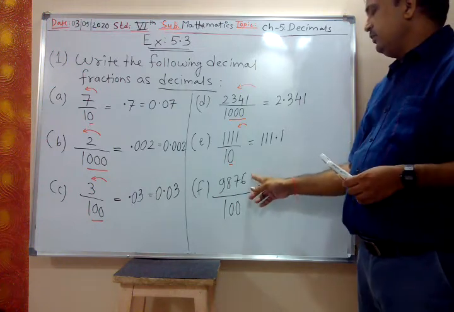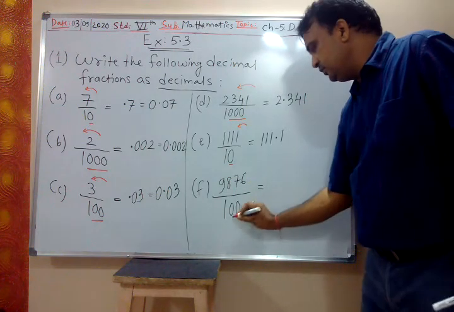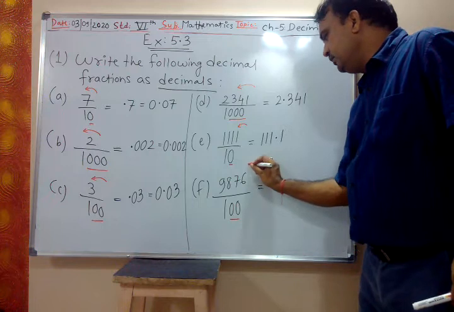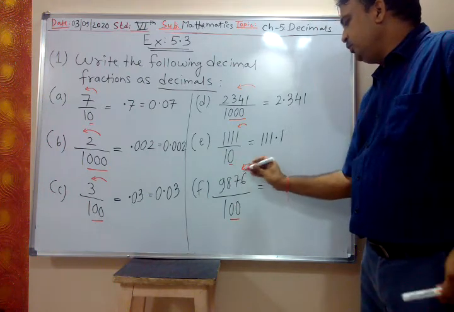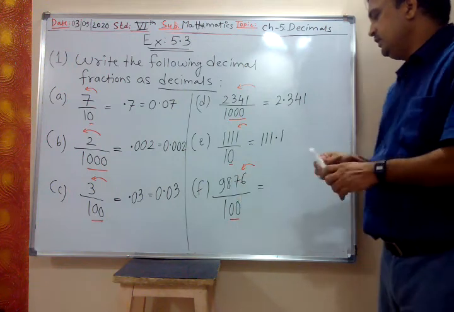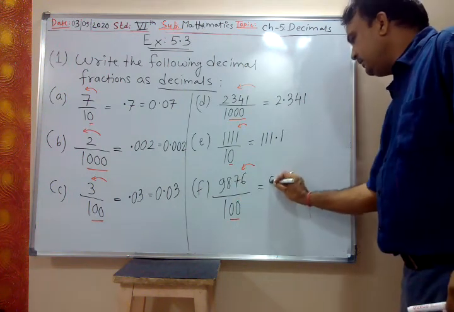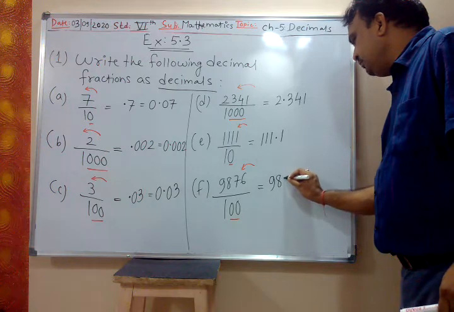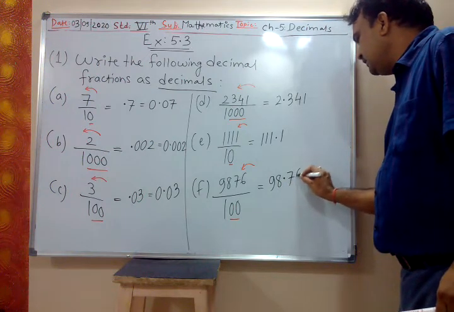So now I will move from the right. How many zeros are there? 2 zeros. So I will move from the right and put the point after 2 digits. 6, 7, put the point. So 98.76.